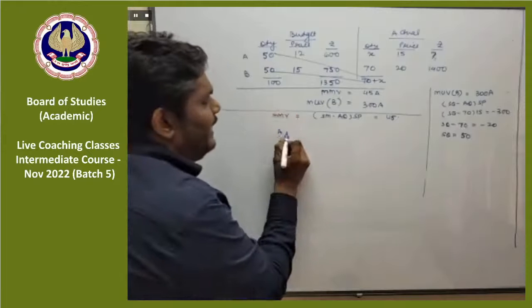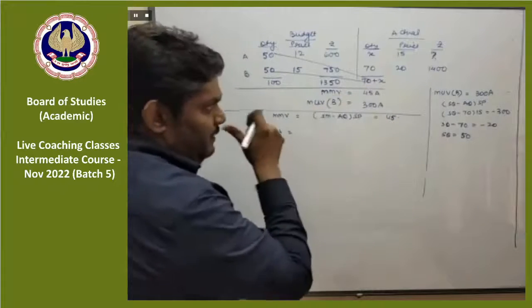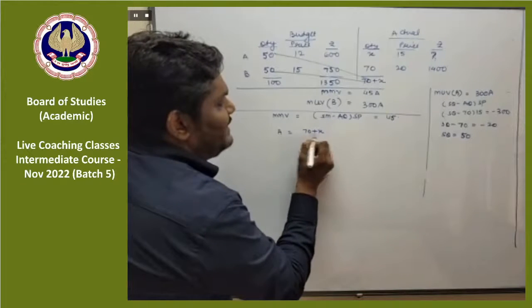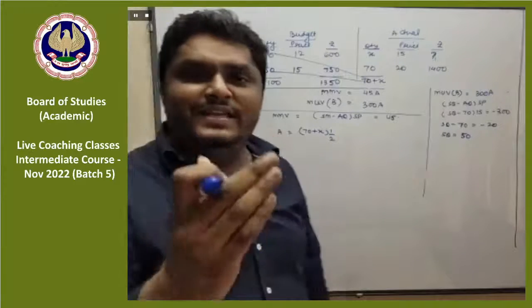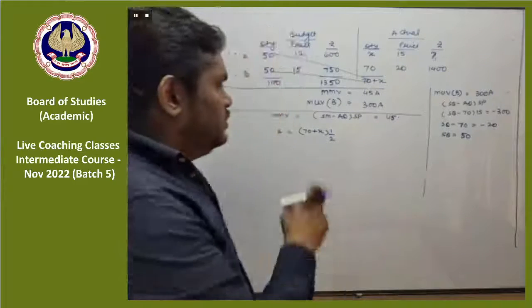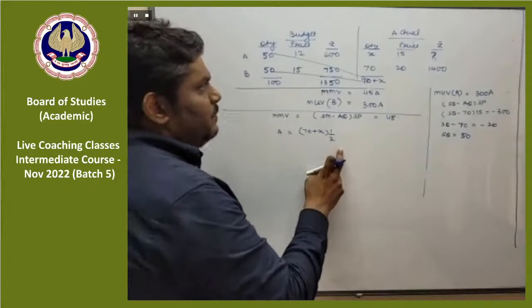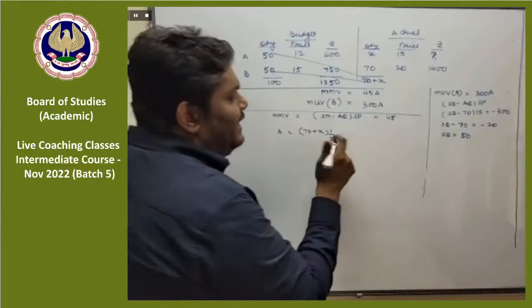For A, what should be the mix? Very simple, 70 plus X in the ratio of 50:50, that is 1:1. So 70 plus X into 1/2, this should be the standard mix.